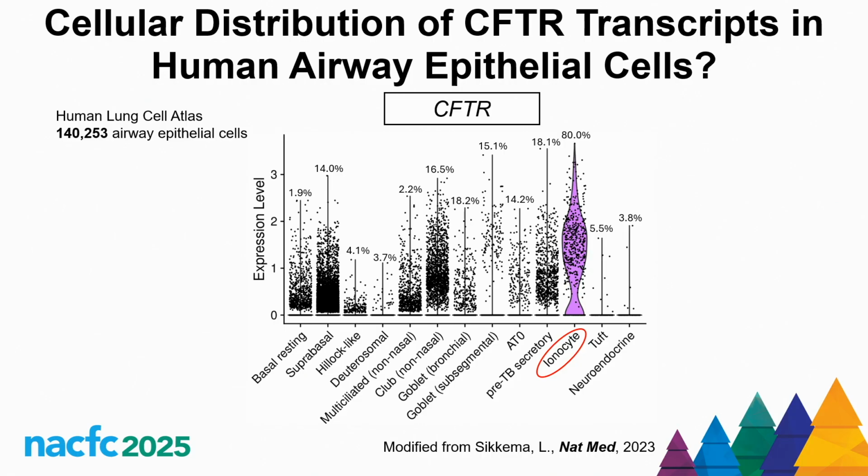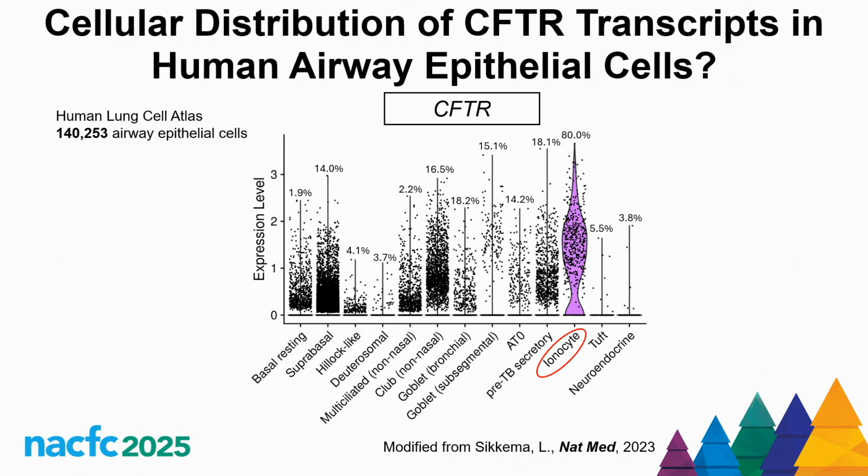These data raise several key questions. For example, which cell types normally express CFTR, and which cell types are most functionally relevant to CF pathogenesis? And does targeting specific cell types really matter for CFTR therapy? Should we target progenitor cells like basal cells to eventually correct CFTR in all these cell types?